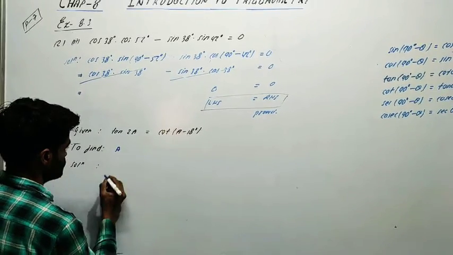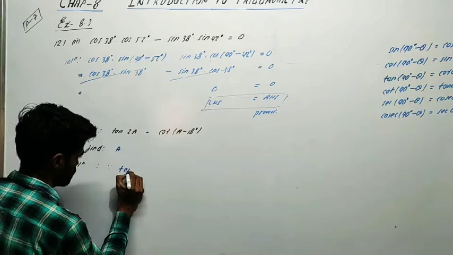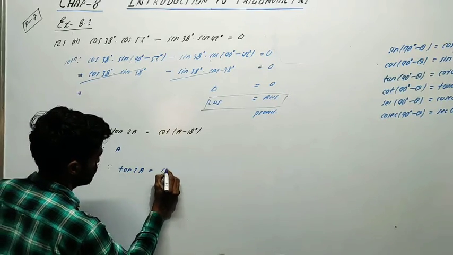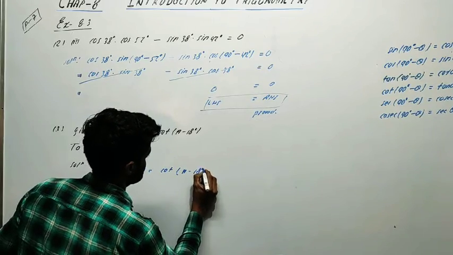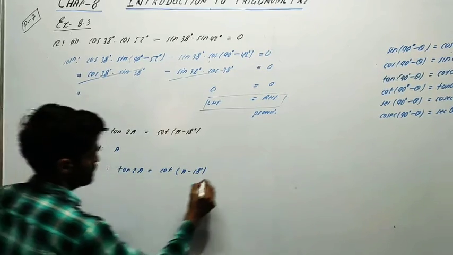Solution. Since tan 2a is equals to cot a minus 18 degree, that is given.